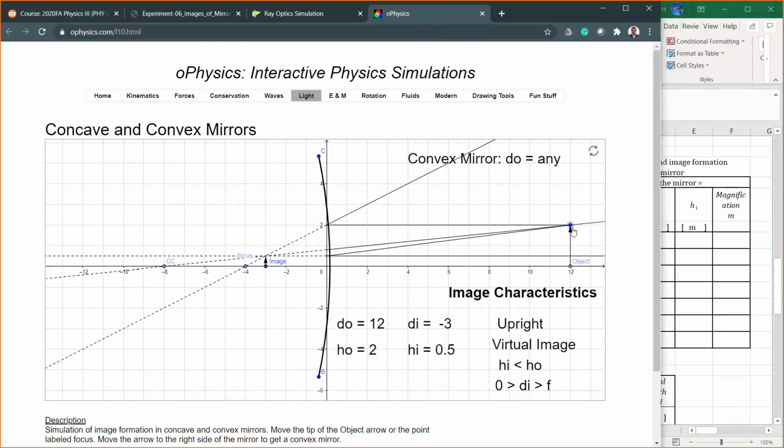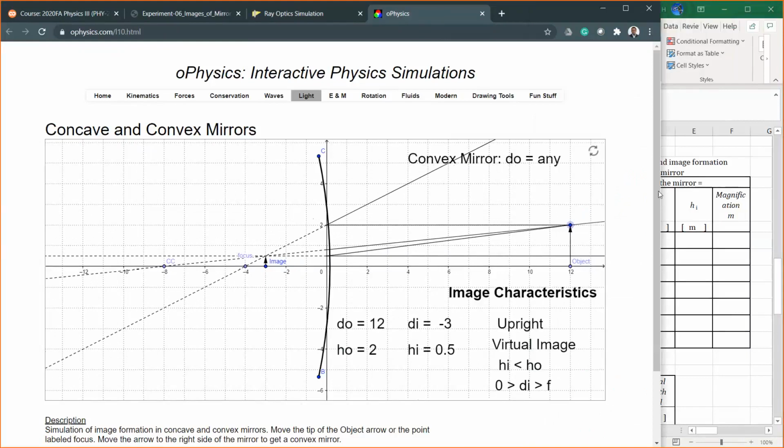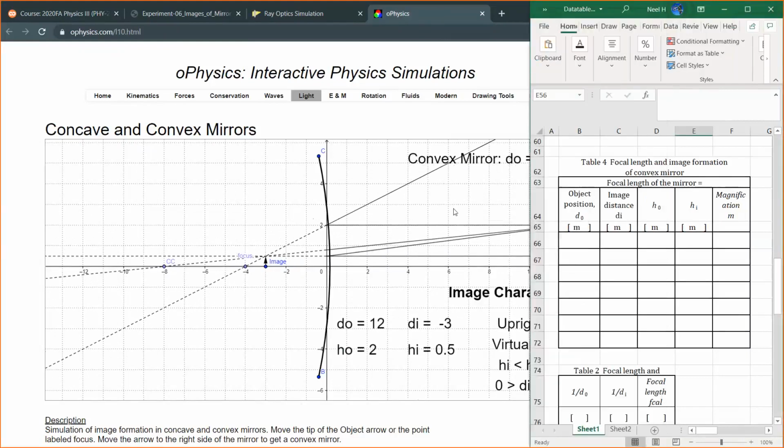Let's do the same again. Now I'm on the convex mirror, and we're going to measure again with meters and check the magnification also. D0 is now 0.012. The image is at about 3 centimeters, but now you can see the image distance is negative, because of our sign convention.